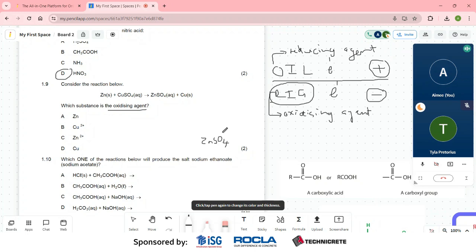But from that charge table, you should know that SO4, when it's in its ionic form, becomes SO4 2 minus. And you can see from the formula here, zinc and SO4 react in a ratio of 1 to 1, which means that we are in fact working with zinc 2 positive.